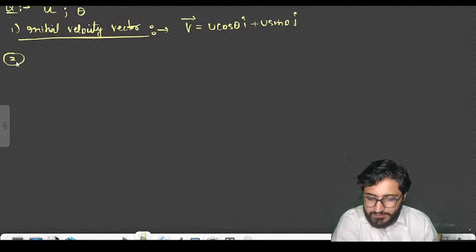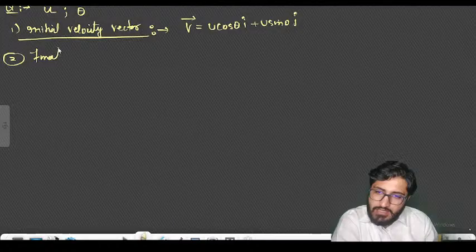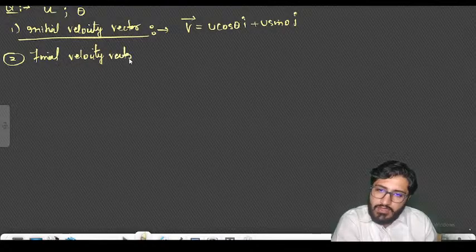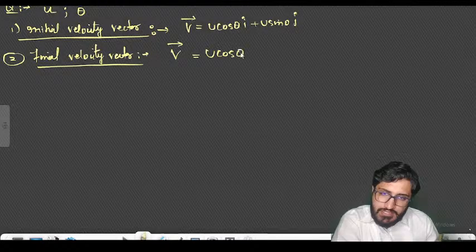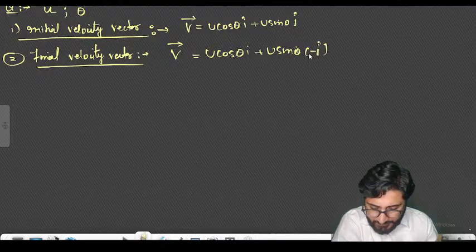Second one, final velocity vector, that means on striking the ground. If you know the first diagram, there I showed that v final will be u cos theta, which never gets changed, plus u sin theta, but that one is in the minus direction, minus j cap.